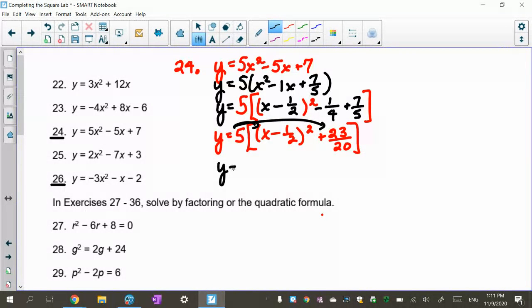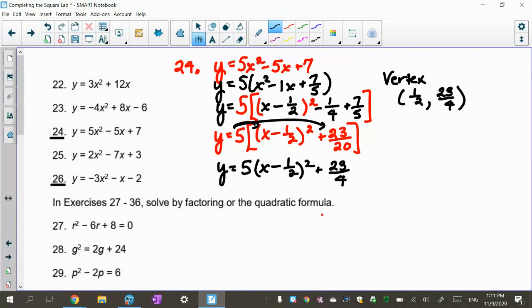So I have y equals 5 times x minus a half squared. And when I multiply 5 times 23/20, it's 23/4. So my vertex for number 24, remember it's opposite sign inside, so it's a positive a half, comma 23/4.